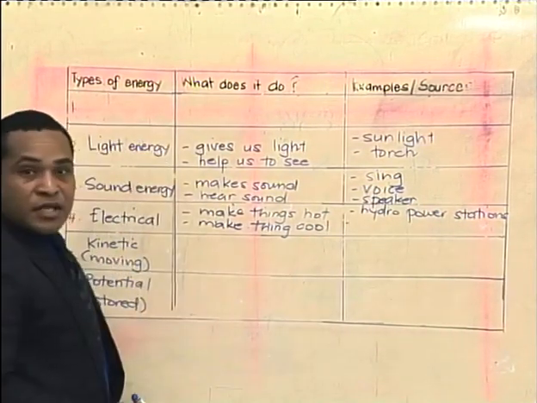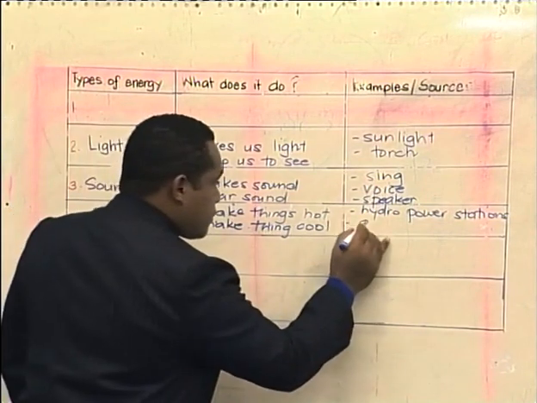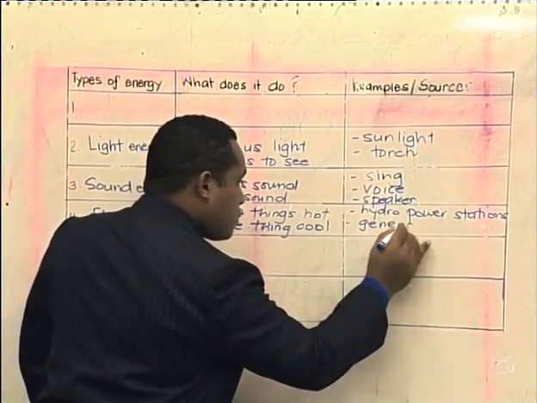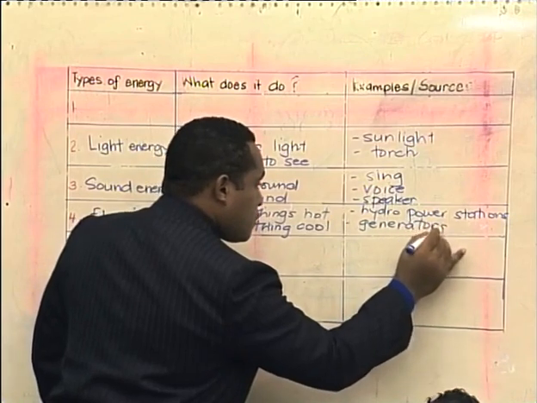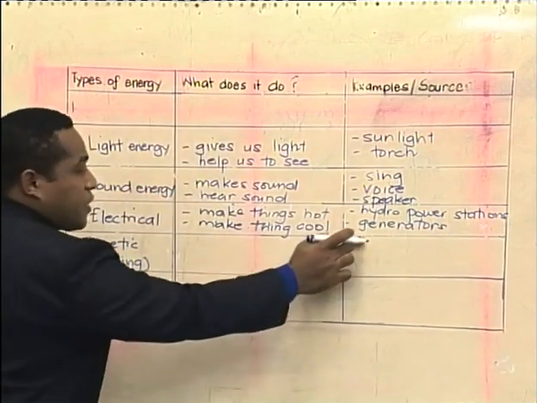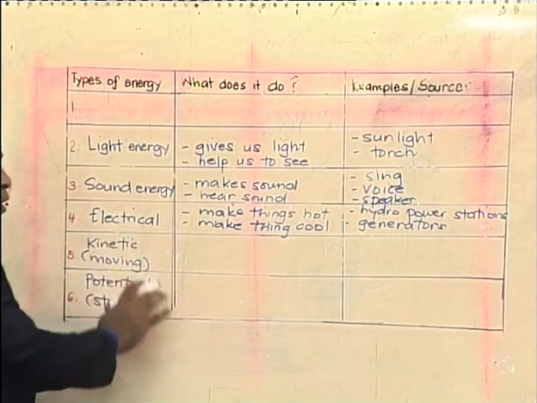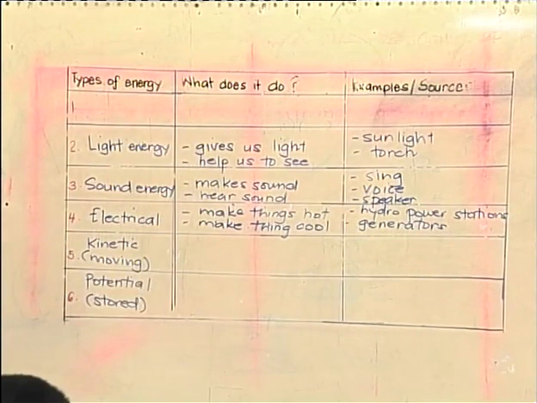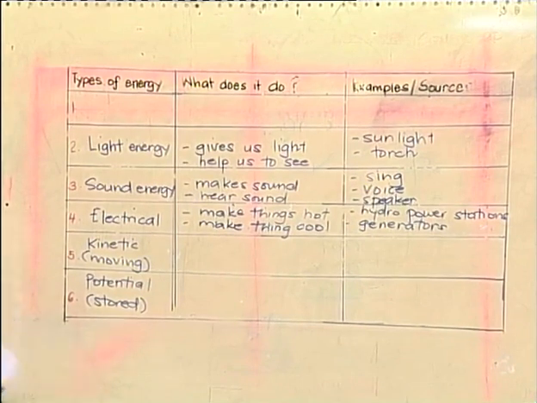What else? Generators. Okay? Generators are the source of electrical energy. So when you put the generator on, it produces power or electricity. That's the source, generator. Okay, let's move on.